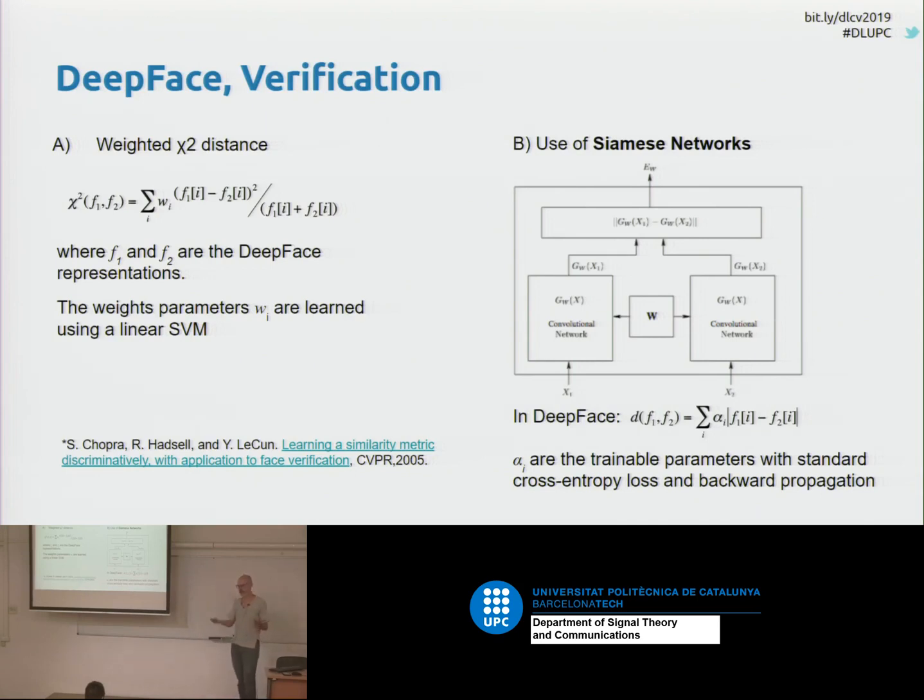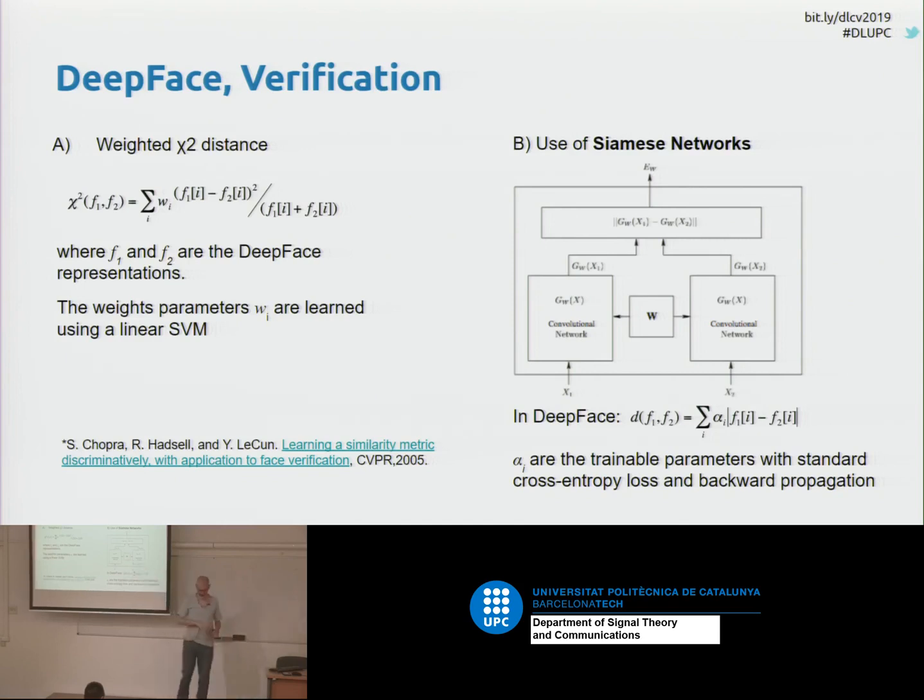So it's a binary response. The idea was to extract the feature vectors for both images and then compare them using some kind of distance, in this case, the chi-square distance, a weighted chi-square distance where the weights were learned by a linear SVM. Okay. The other approach was to use a Siamese network.